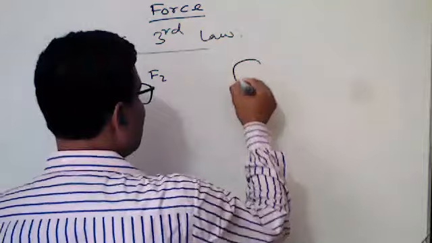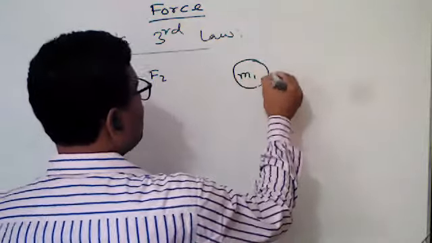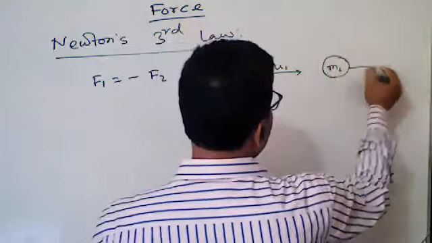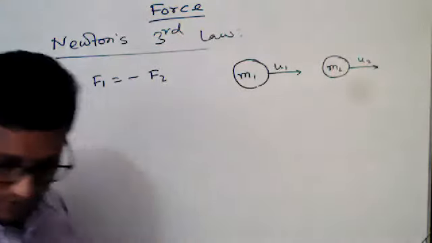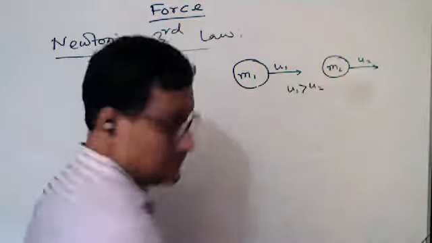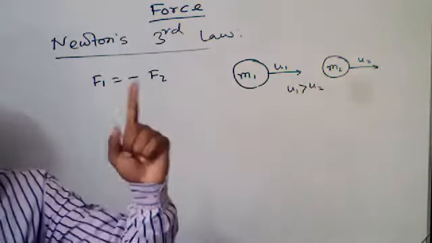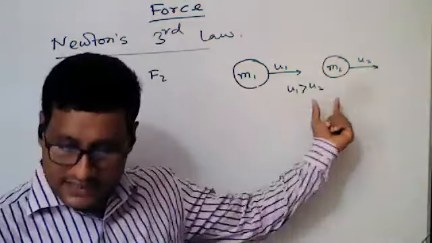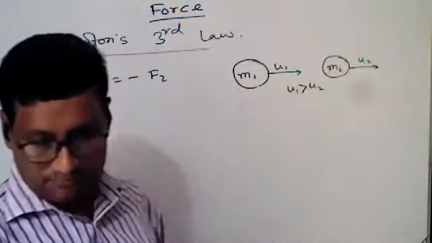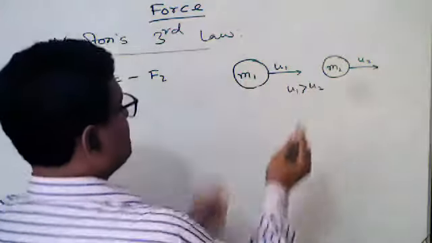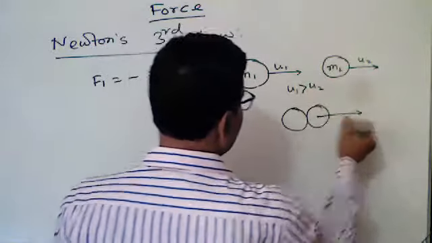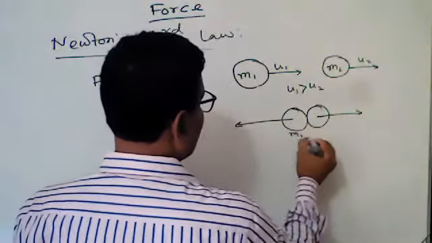Suppose this is the mass of an object M1, it moves with velocity U1, and this is another object of mass M2, it moves with U2. So U1 is greater than U2, you have to remember this. If U1 is greater than U2, after some time they collide with each other. Suppose this is the collision time. This is the force, and this is M1, and this is M2.